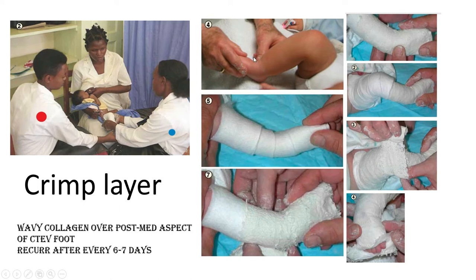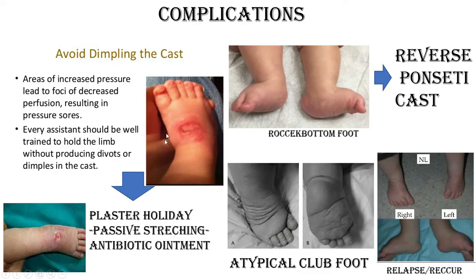Got my point? Reduce the foot, hold this foot in reduced position, then apply the plaster and hold this plaster in reduced position. Don't do over correction after plaster. That will help a lot with this type of complication.